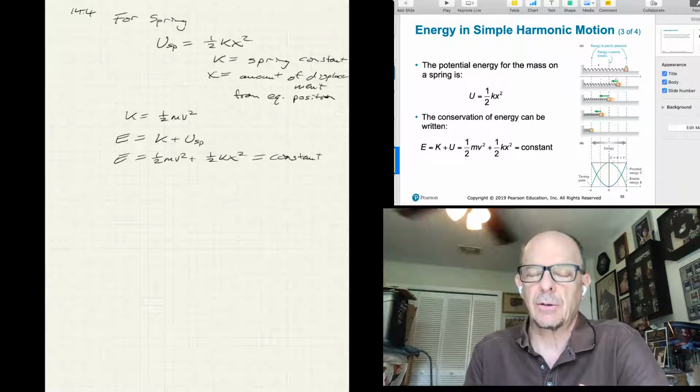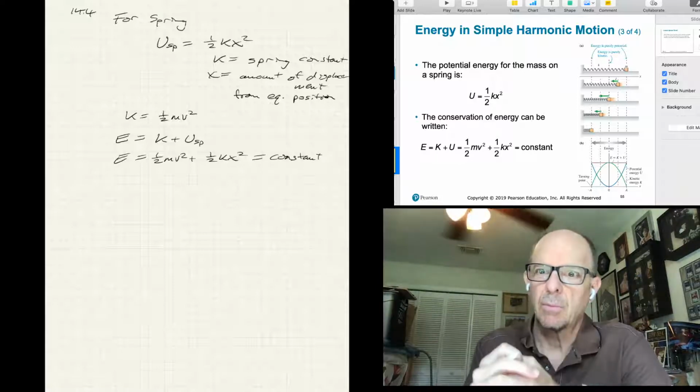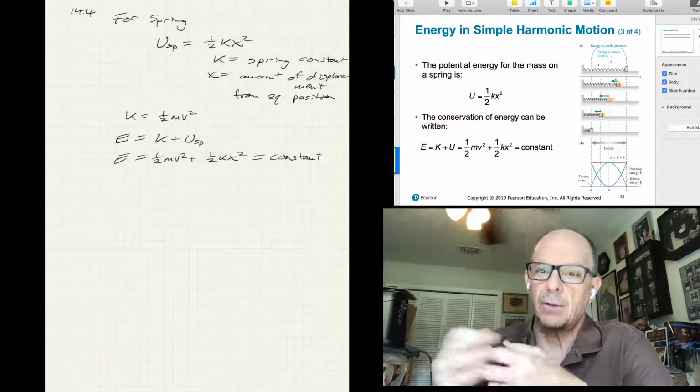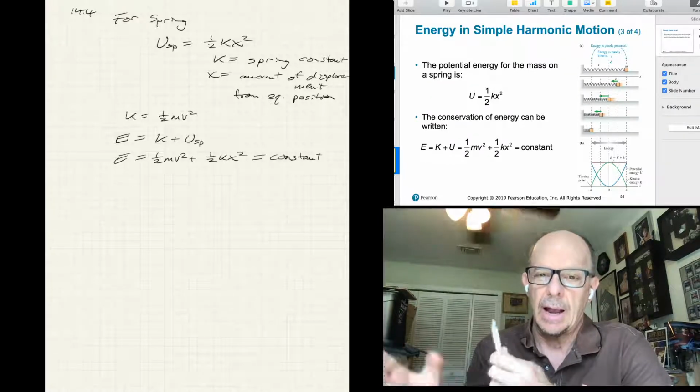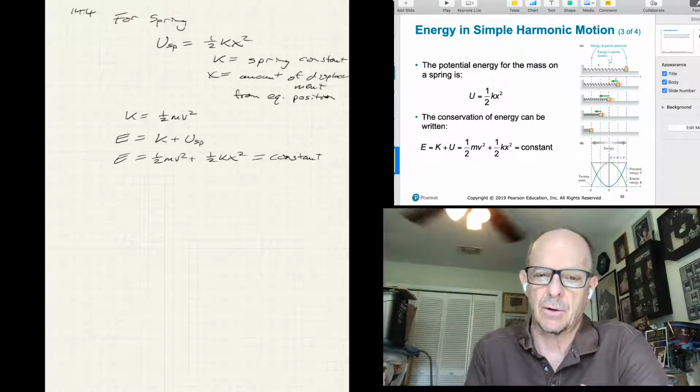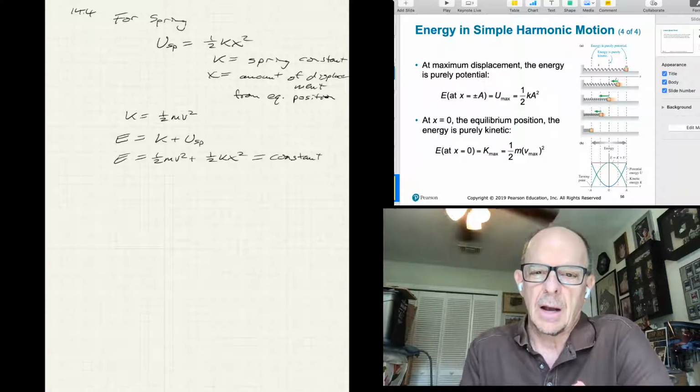That's the total energy. It's conserved unless there's some work that's done on it by some force from outside the system. So that could be friction, for example, acting to change the total energy of the system.